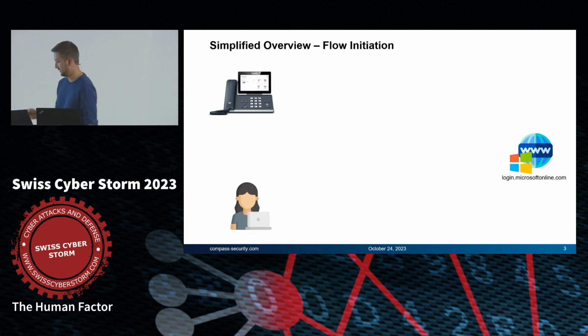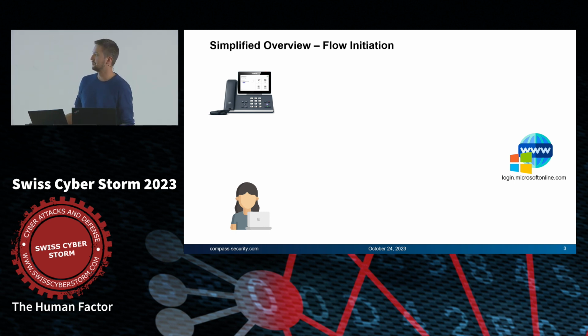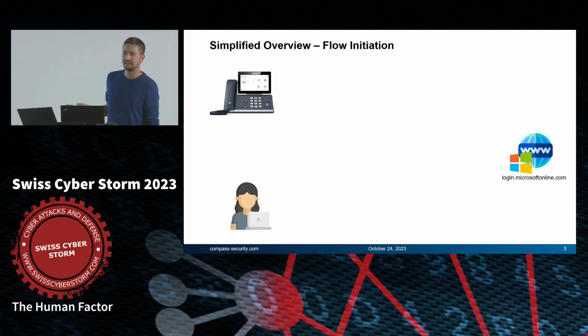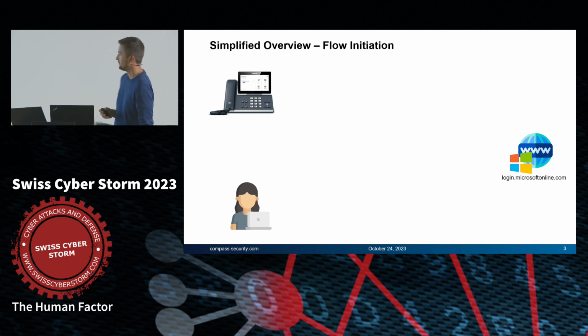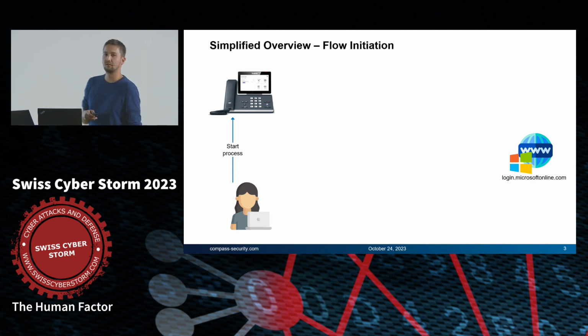So we have our user here that has a laptop with a keyboard input, and we have our phone in here with limited keyboard input. And in Azure AD or Entra ID, we have this Microsoft Online identity provider, which handles all the authentication. So what the user first does is, okay, I would like to start the login on here.